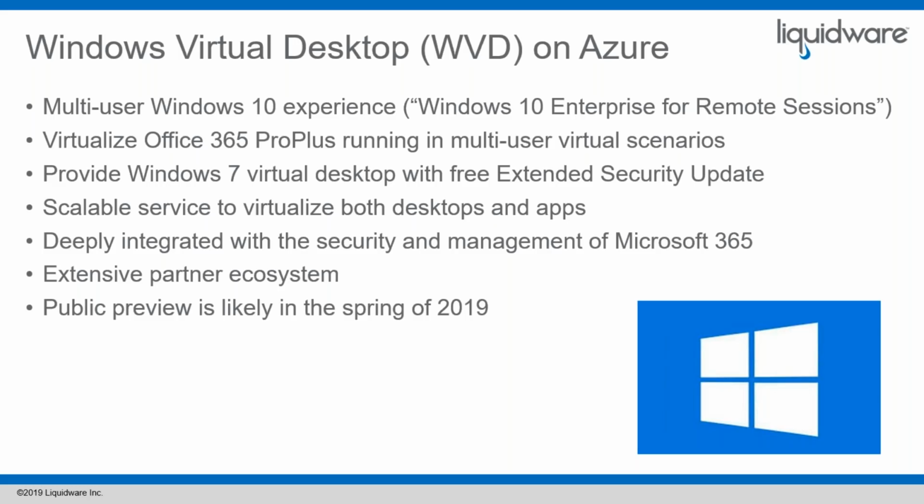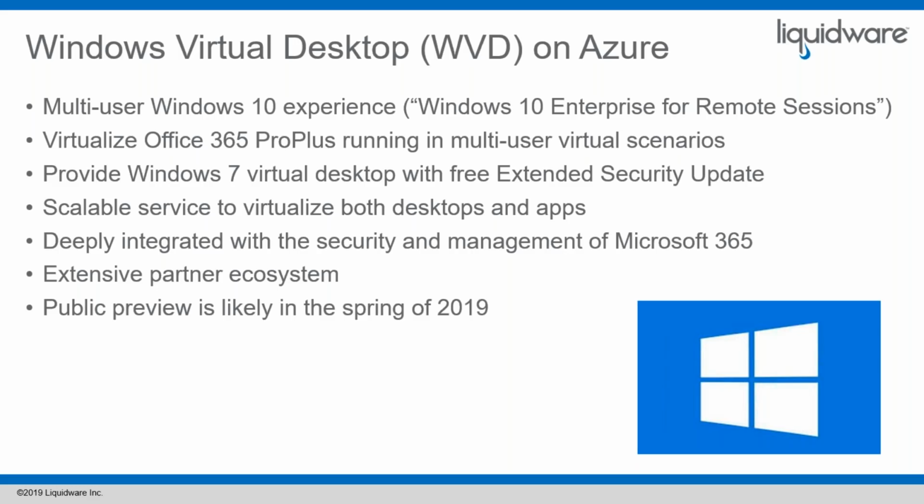Beyond offering that multi-user connection for end users, they've spent a lot of time enhancing the Office 365 experience. They specifically focused on the ProPlus SKU, which includes all of the core Office components you would be used to, like Word and Excel, but also some of the business applications, like Skype for Business.